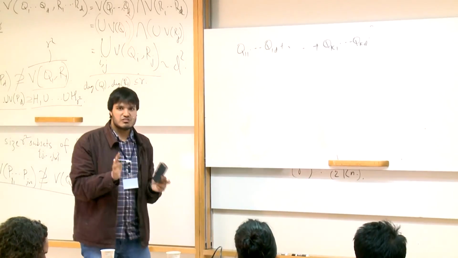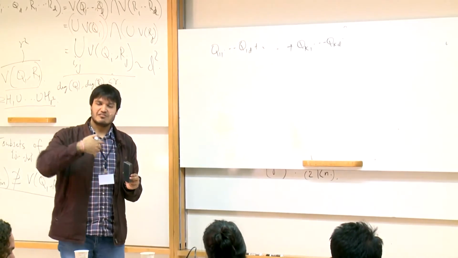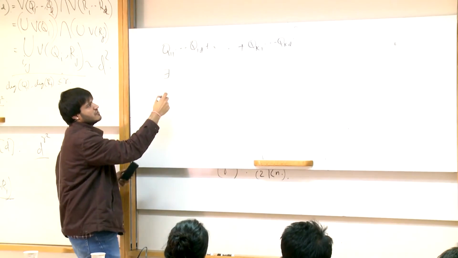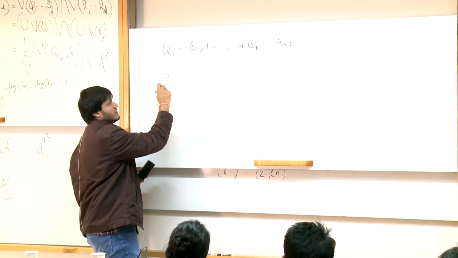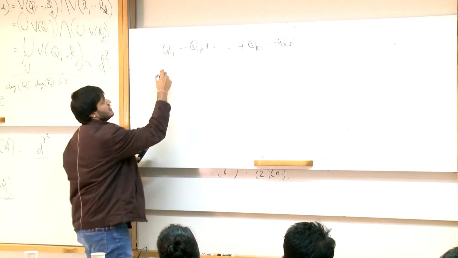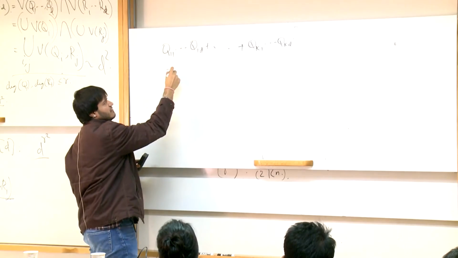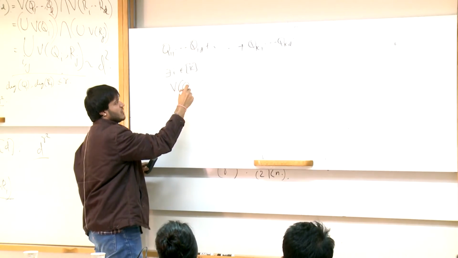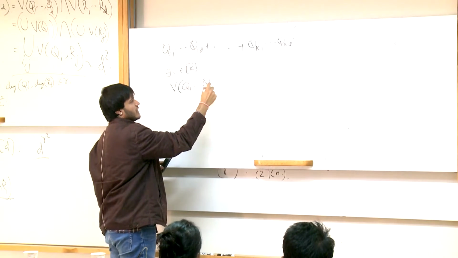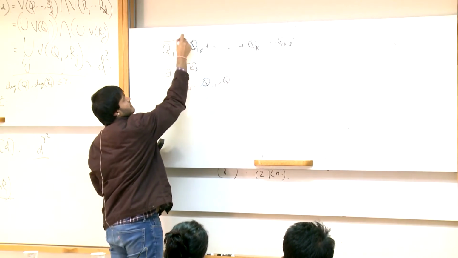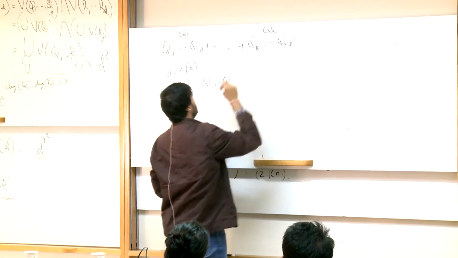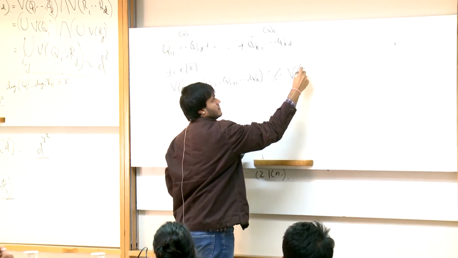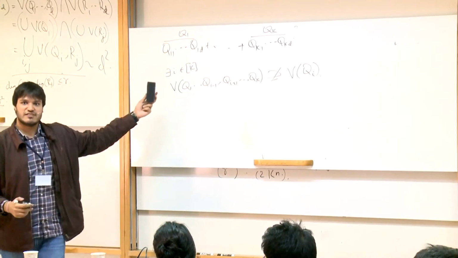What this implies is that suppose this non-zeroness came because of a special restriction, that there exists some i such that if you take the variety of the rest of them, q1 up to q_{i-1}, and so on up to qk, suppose this happened, then you know that this circuit cannot compute the zero polynomial, right?